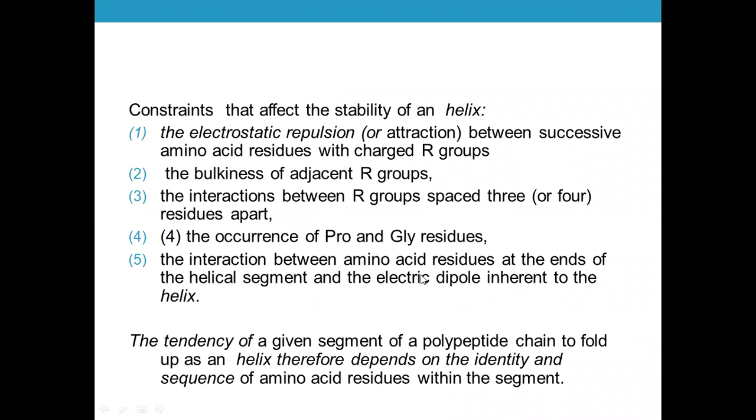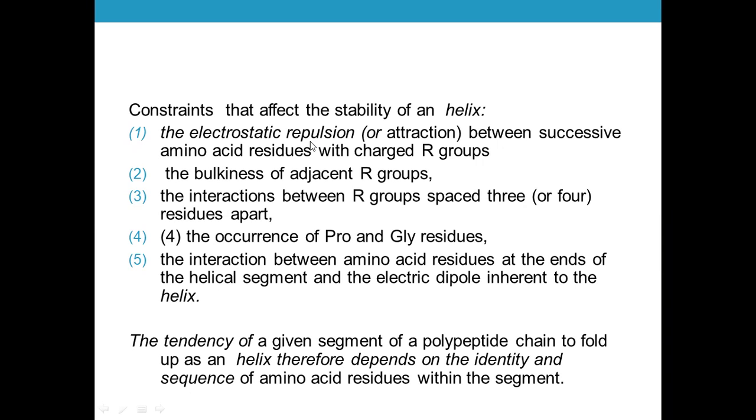Whatever the identity of the amino acid and its sequence will determine whether the polypeptide sequence will assume an alpha helix or not. These are some of the considerations that will affect the stability.